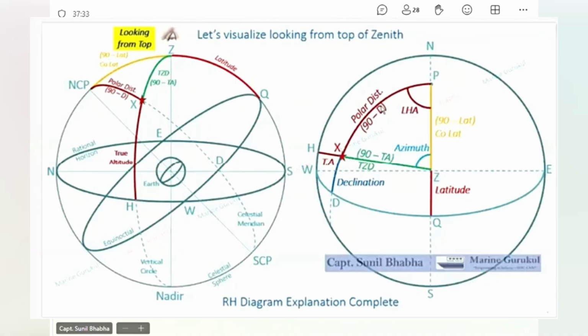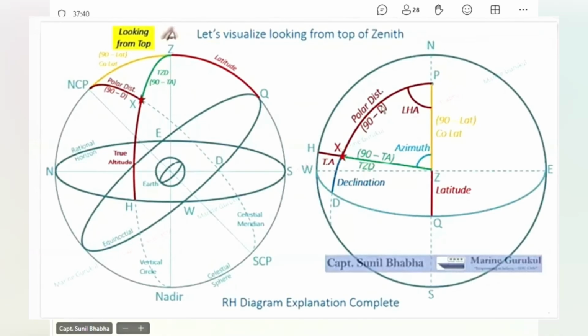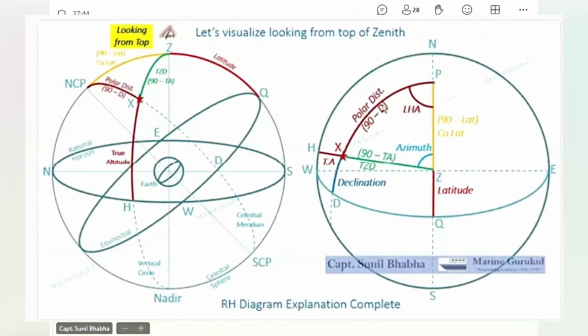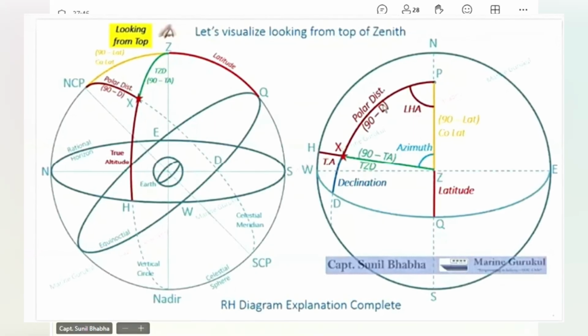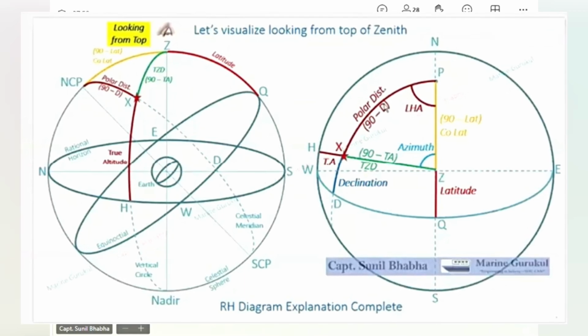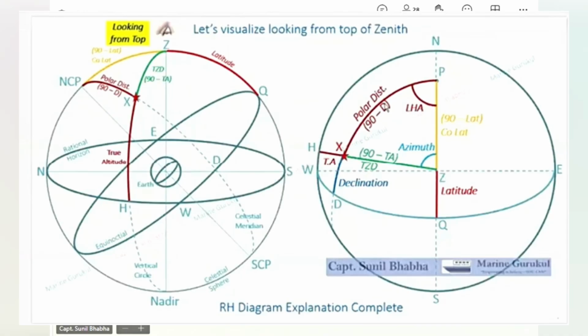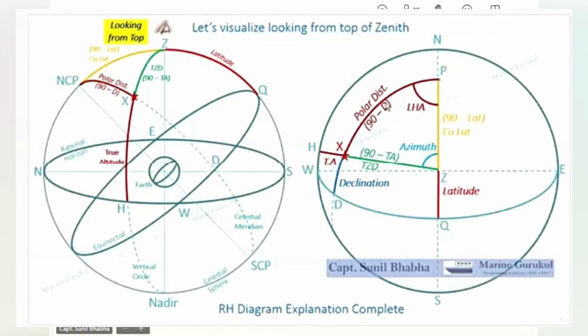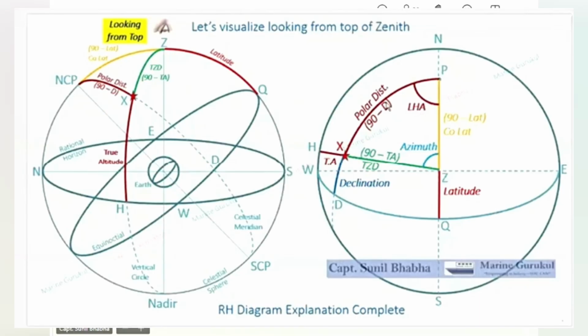All the celestial bodies move on their declination circles, and all these declination circles are centered at the pole only. But as far as the circumpolar term is concerned, we call those bodies circumpolar whose circular motion is visible to us. The complete circular motion around the pole is visible to us.